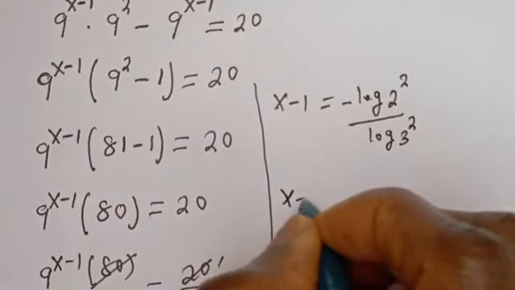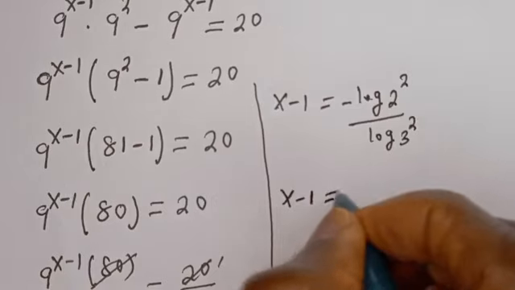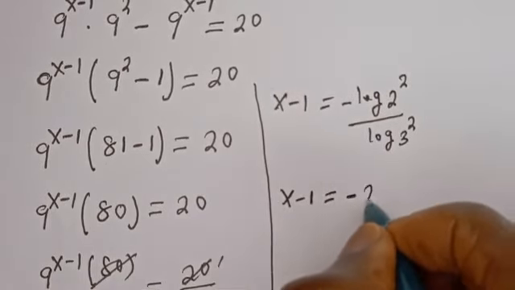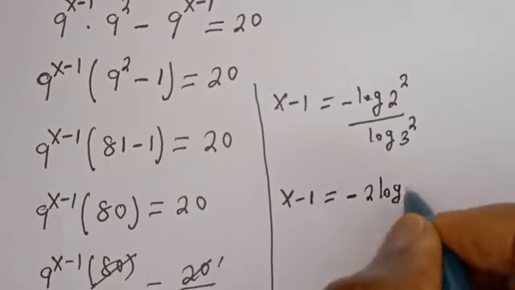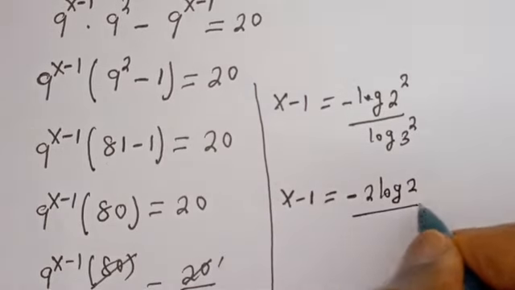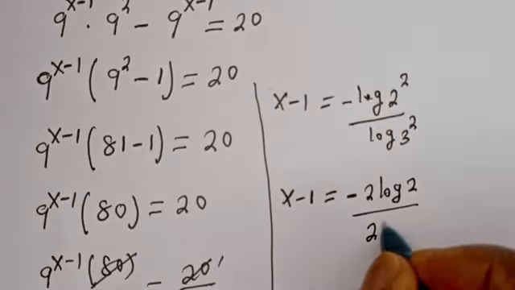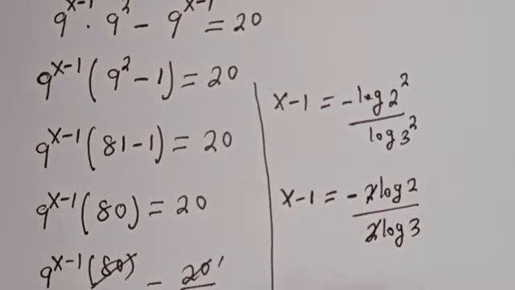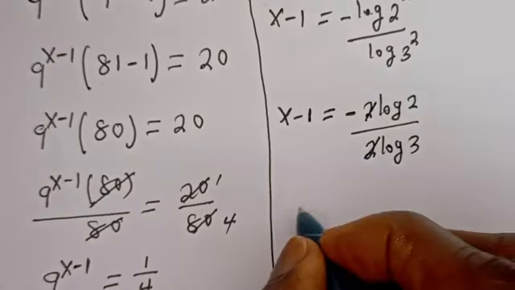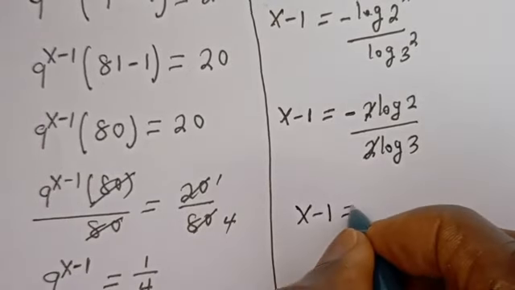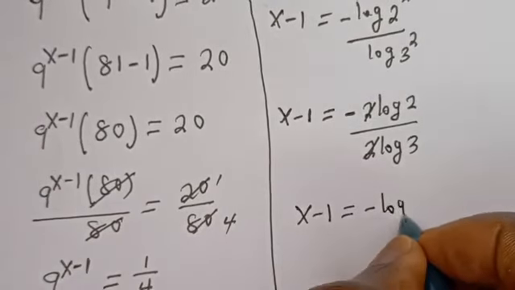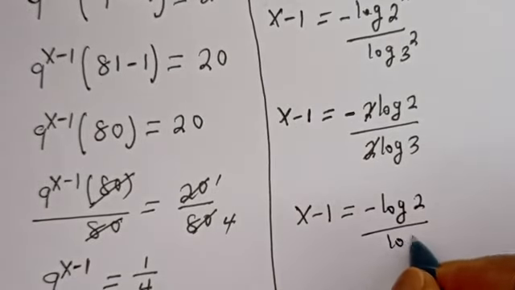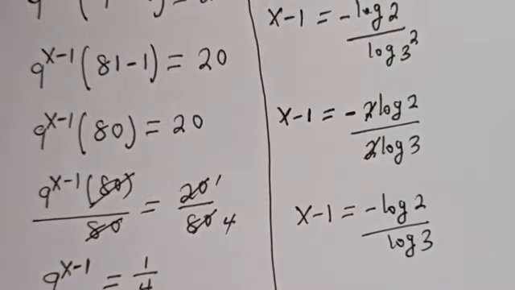Then x minus 1 is equal to, here is minus 2 log 2 divided by 2 log 3. This will cancel this. x minus 1 is equal to minus log 2 divided by log 3.